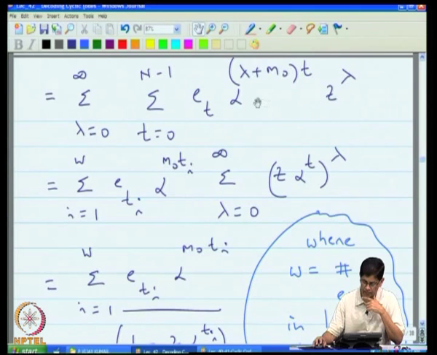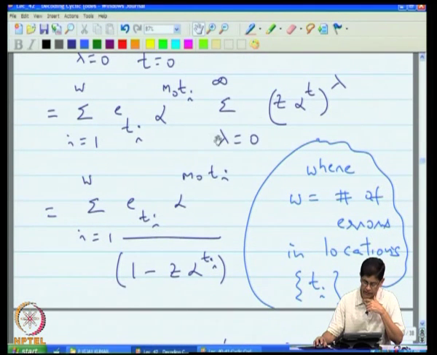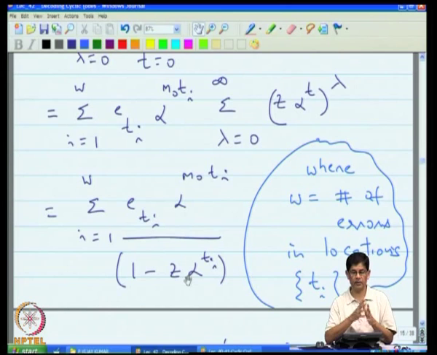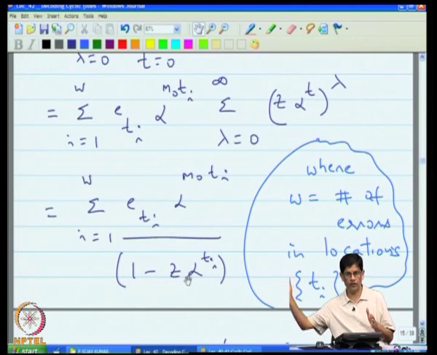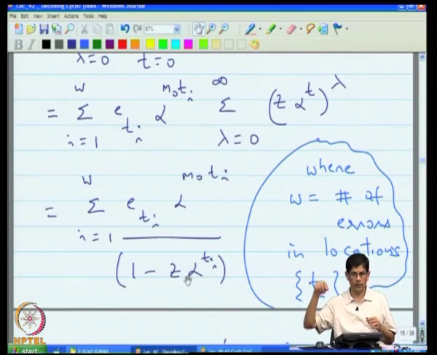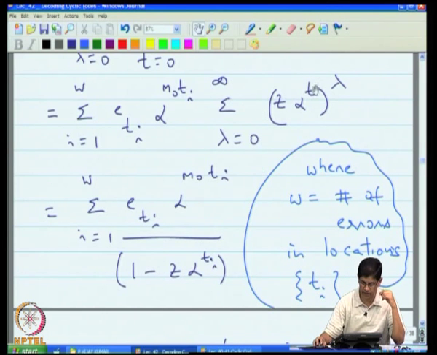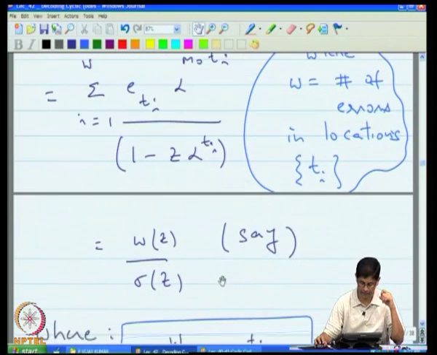So, I have z to the lambda alpha to the t raised to the lambda. Now, this thing in the field of formal power series reduces to 1 upon 1 minus z alpha to the ti. So, it is just like summing 1 plus z plus z squared plus z cubed and so on, and you will end up getting 1 upon 1 minus z. In exactly the same way, if you keep summing these terms, what you will actually get is 1 upon 1 minus z alpha to the ti.